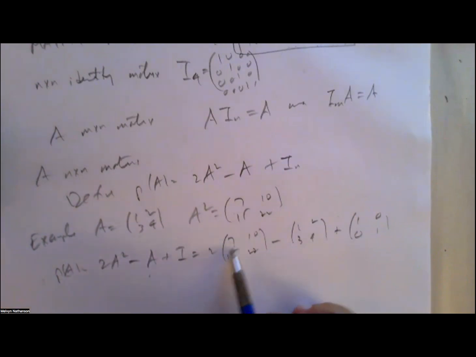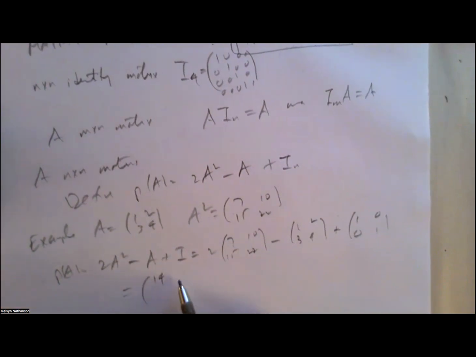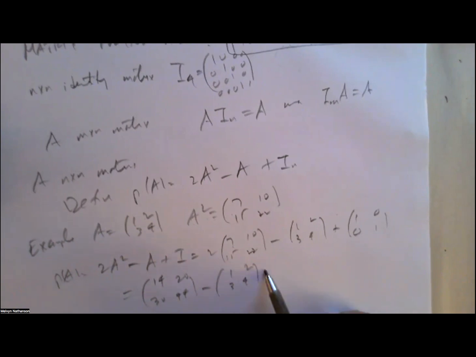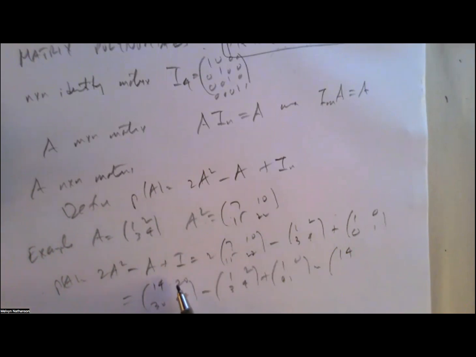So this is 14, 20, 30, 44, minus 1, 2, 3, 4, plus 1, 0, 0, 1. So 14 minus 1 is 13, plus 1 is 14. 20 minus 2 is 18, plus 0 is 18. 30 minus 3 is 27, plus 0 is 27. 44 minus 4 is 40, plus 1 is 41.